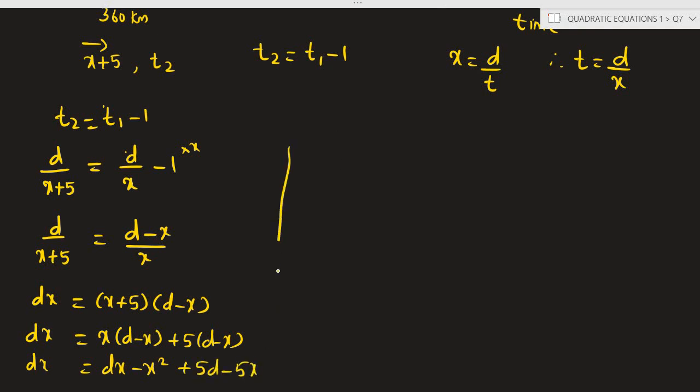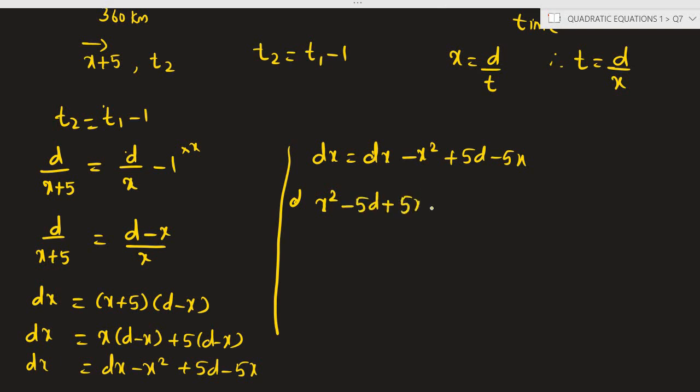To simplify this, everything you take to the right hand side. I am taking this to the left hand side. What happens now? x square plus 5x minus 5d, and plus dx minus dx gets canceled, which is equal to 0.